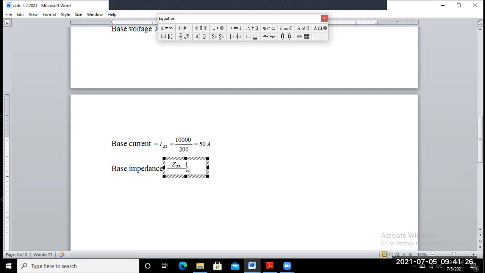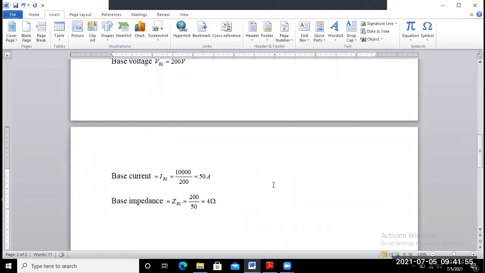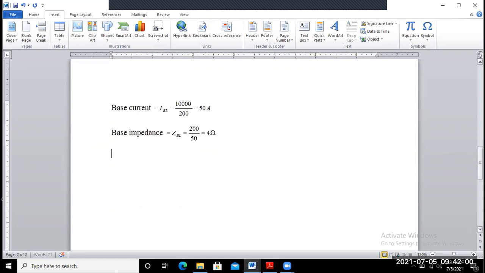So 200 divided by 50 ampere equals 4 ohm. Now you can find the value of R equivalent of the low voltage side and R2 in per unit.